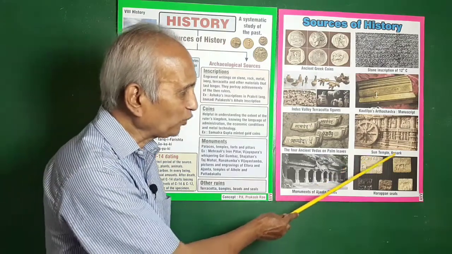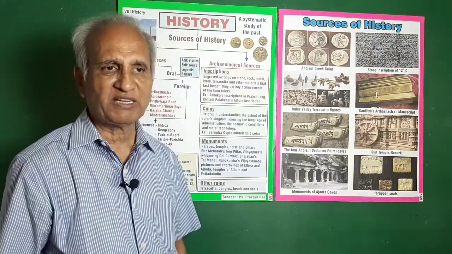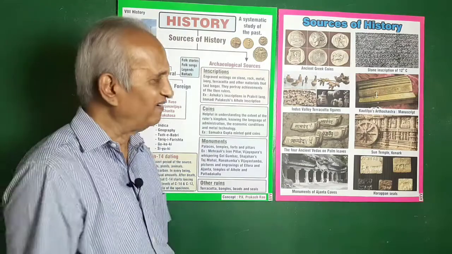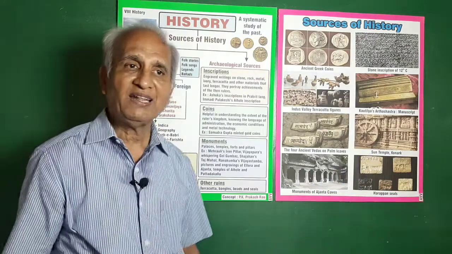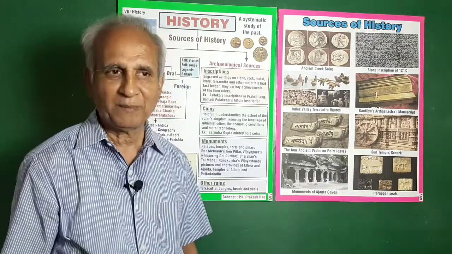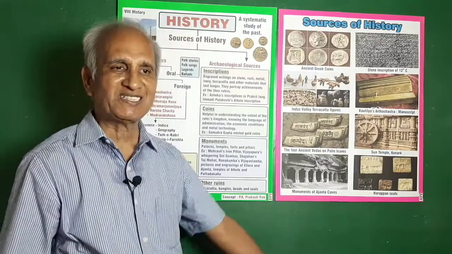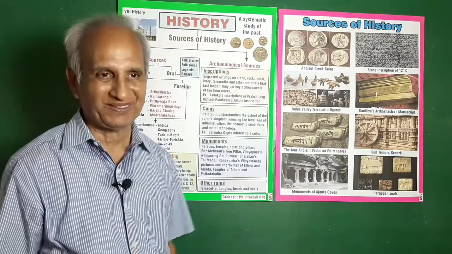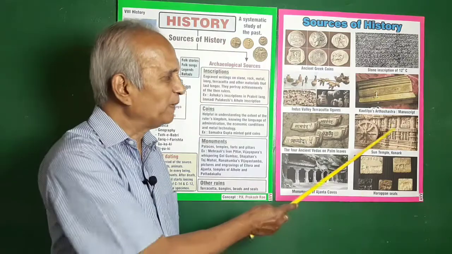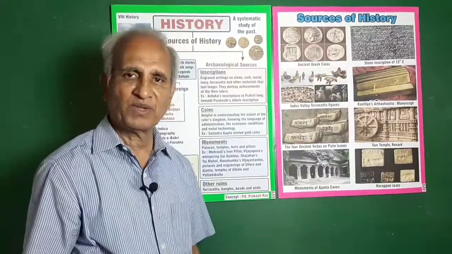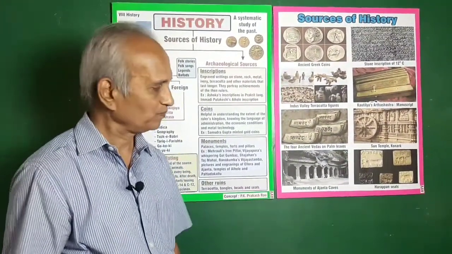Then Sun Temple, Konark, a beautiful temple in Odisha. Hardly there are temples for the sun, but here you have a gorgeous temple for the sun god. It's in Konark.